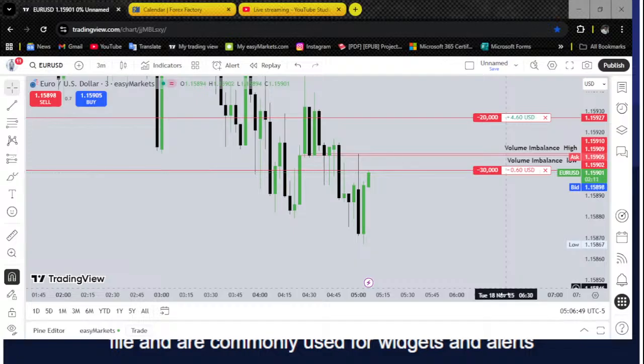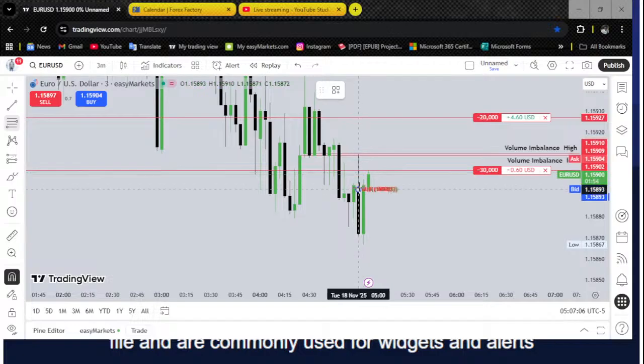So I want to use this quadrant of this week, of this candle week.